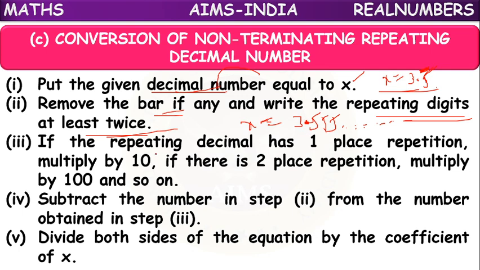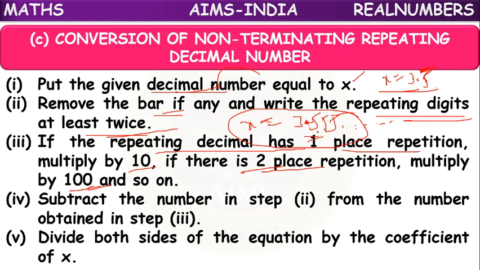Next, if the repeating decimal has one place of repetition, multiply by 10. If it has two places of repetition, multiply by 100 on both sides, and like that. Here x equal to 3.555 and so on. What is the repeating part?